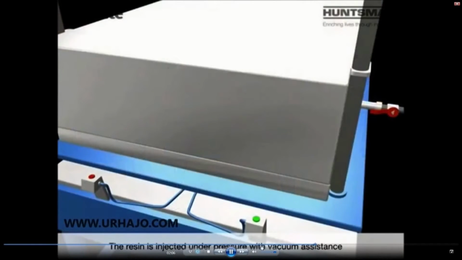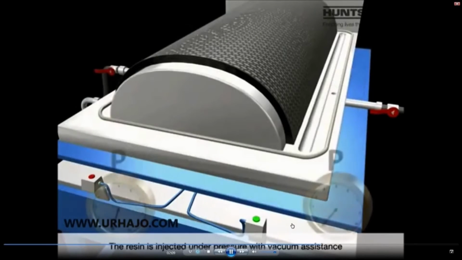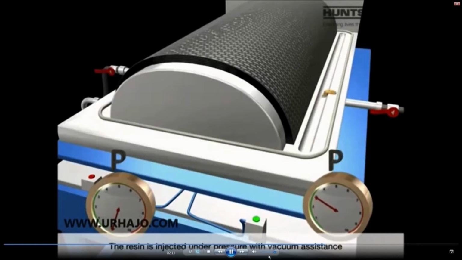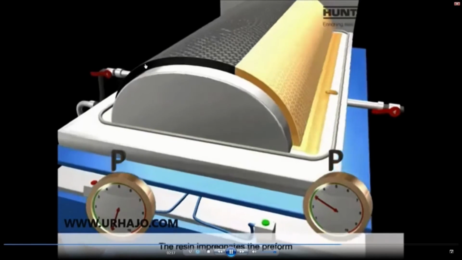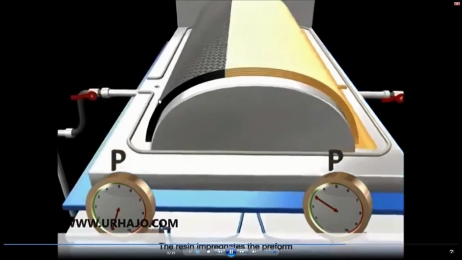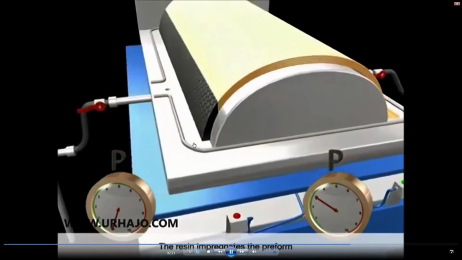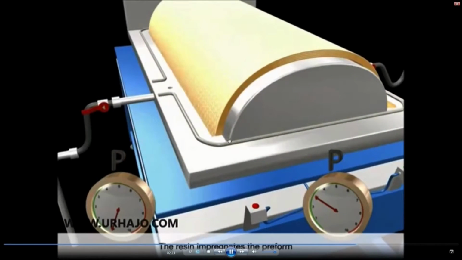The resin is injected now. We will see how the resin is injected under pressure with vacuum assistance. This is the resin that is coming. It will impregnate the fibrous preform that we have already introduced inside the mold cavity. You can see here.